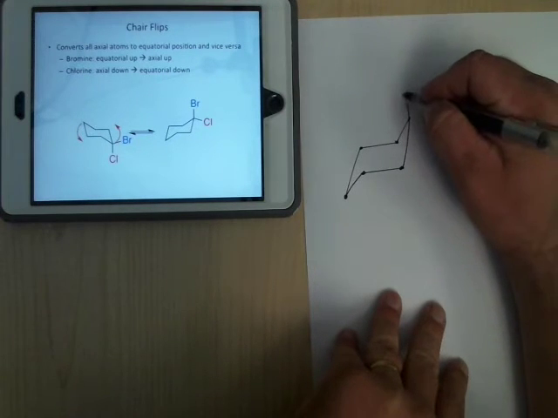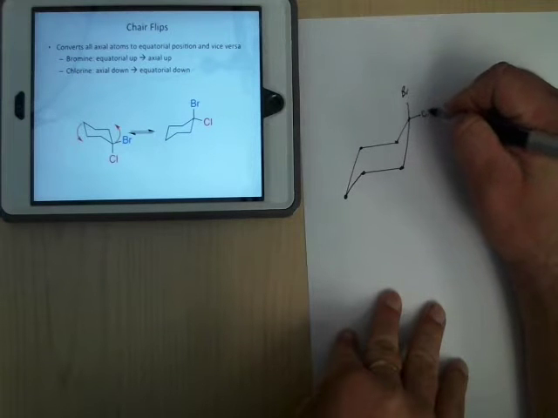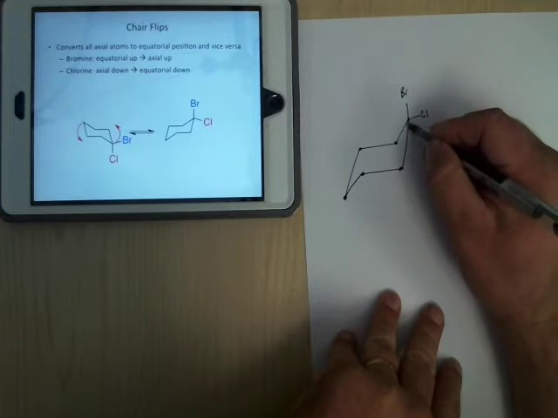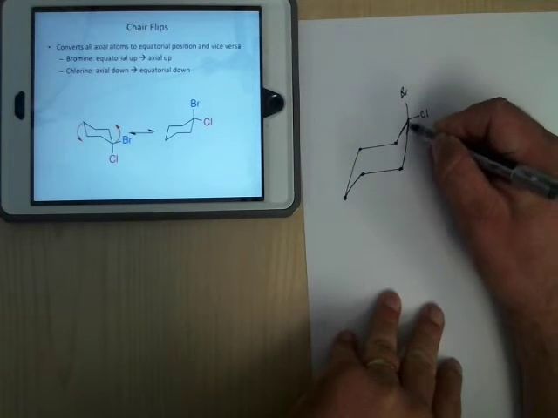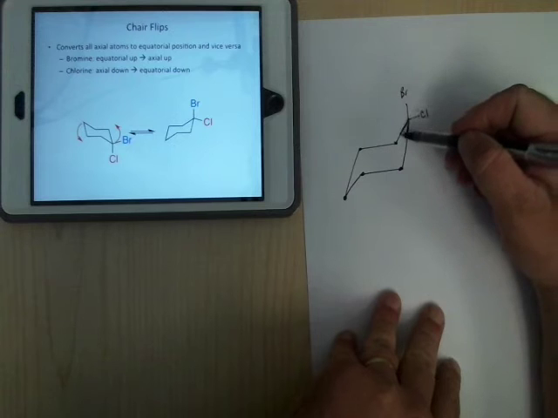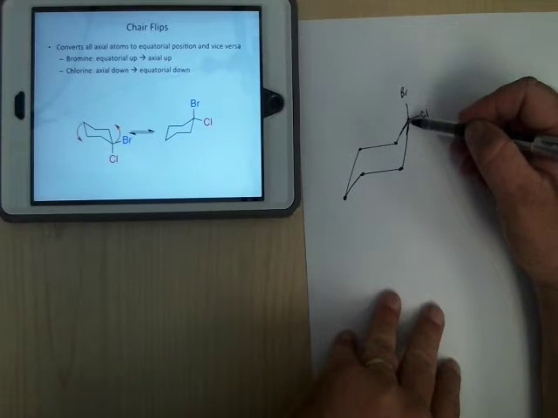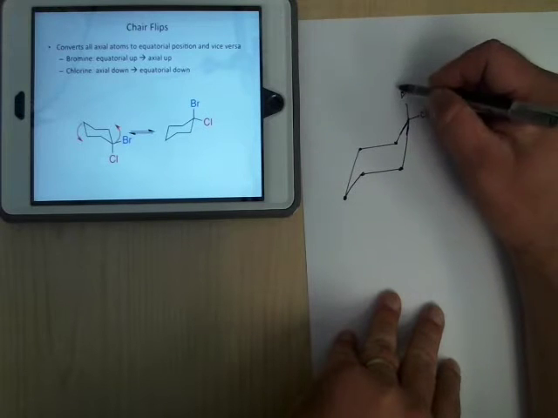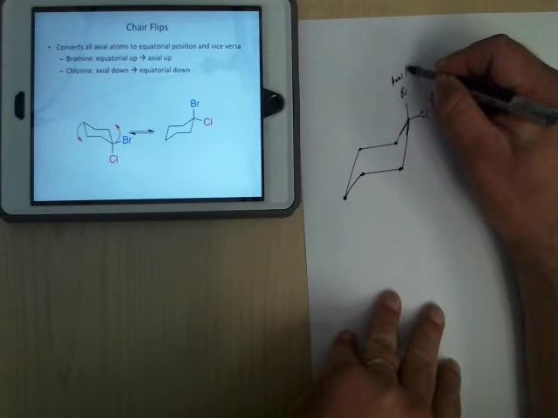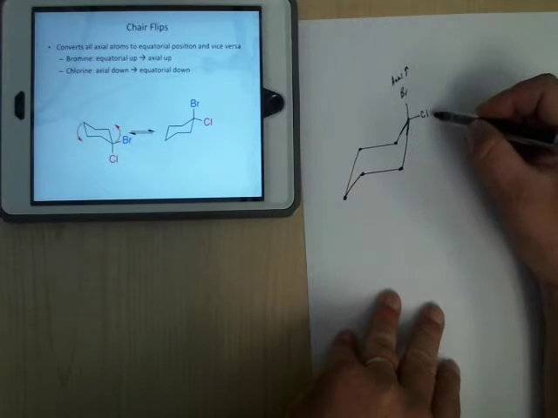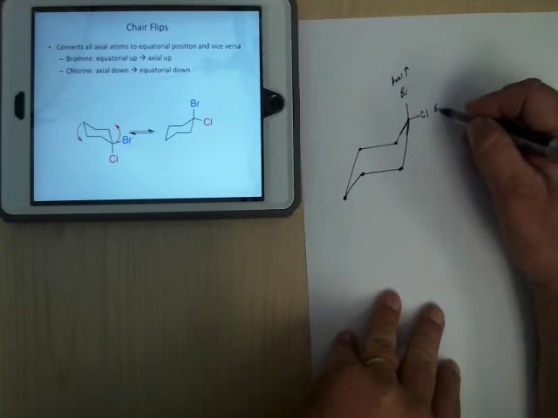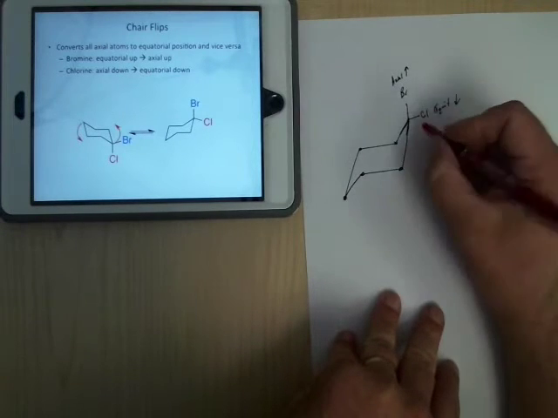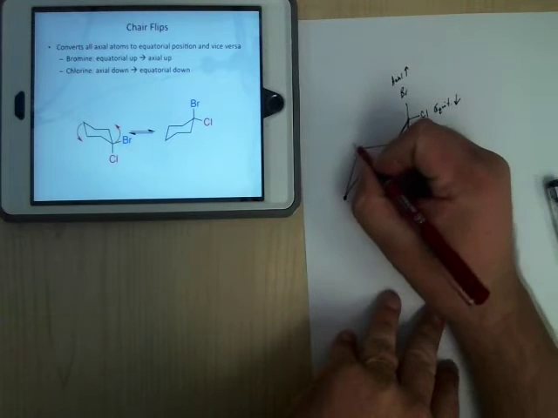So let's say you've got a bromine, you've got yourself a chlorine. So your carbon-carbon bonds are pointed up, right? So that means your axial is up. So this is axial up. The chlorine is equatorial, so now it's equatorial down. So let's do 1, 2, 3, 4, 5, 6.